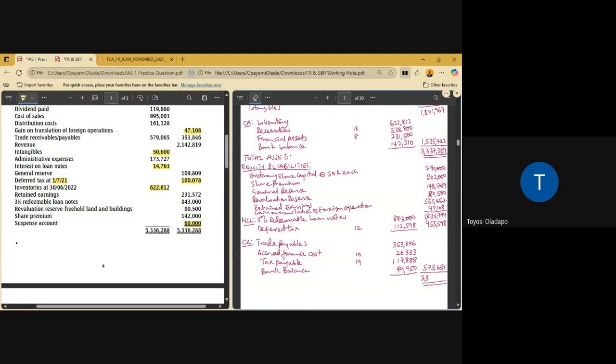What's the balance? Total current liability 548,017.